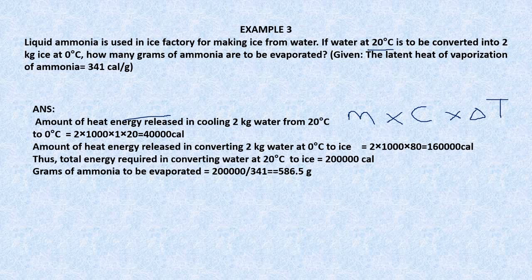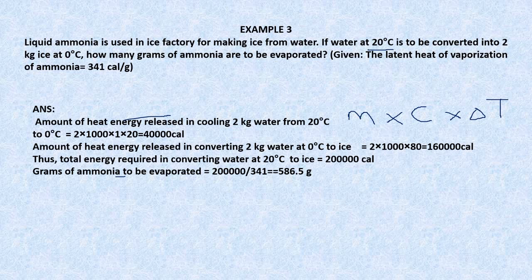Now we will have to add both these calories. Why? Because first heat energy is released in cooling the water from 20 degrees to 0 degrees, and then heat energy is again released in converting that water which is at 0 degrees Celsius to ice.